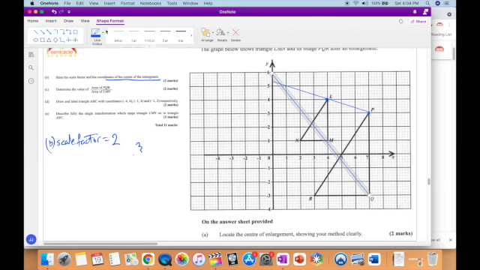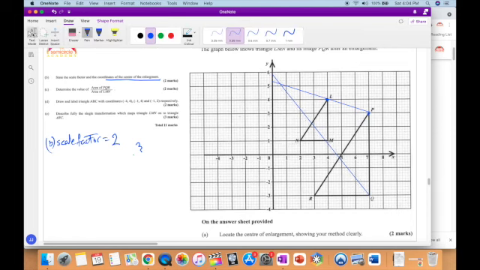No, that's not it. Let me just move back this line. Yeah.